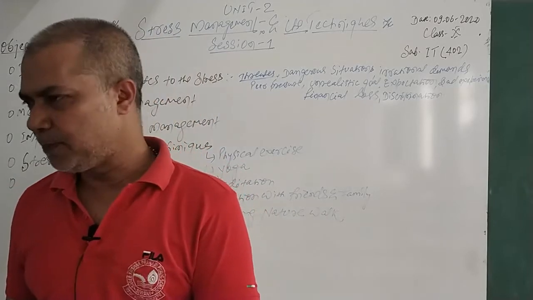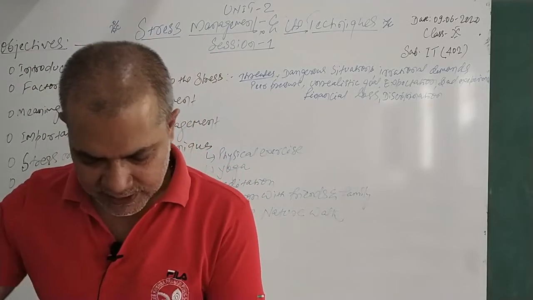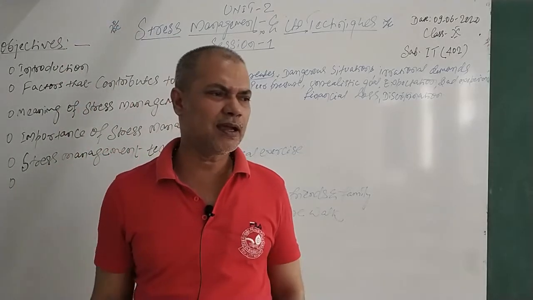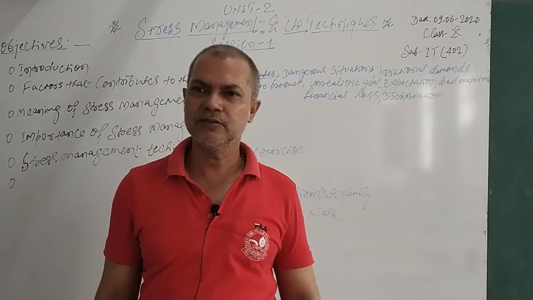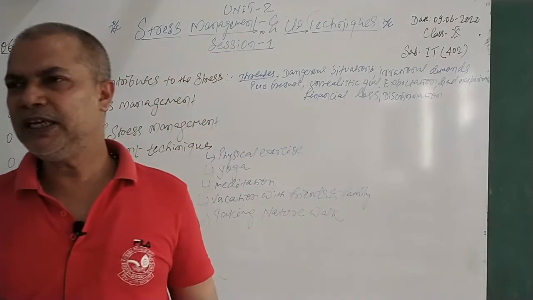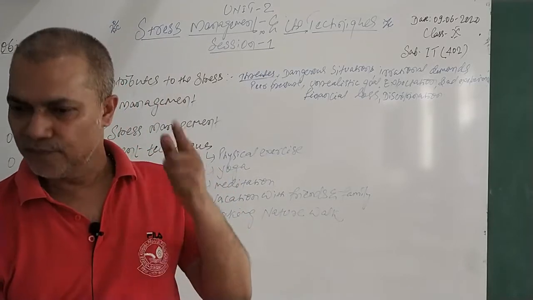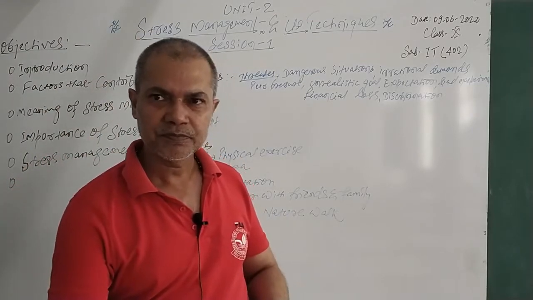Then positive ones, like the positive it could be. Then the dangerous stressors or irrelevant stressors. Sometimes I'm just worrying because something happened to my neighbor, maybe not relevant to me. Sometimes it may be a dangerous stressor which will spoil you.